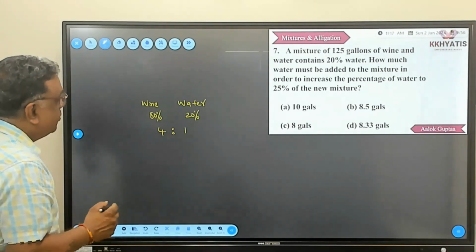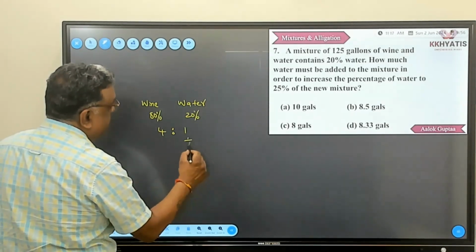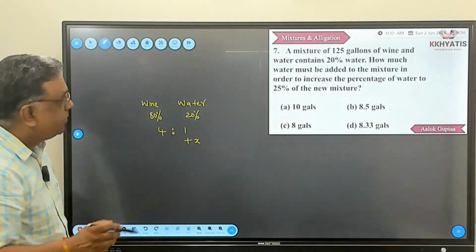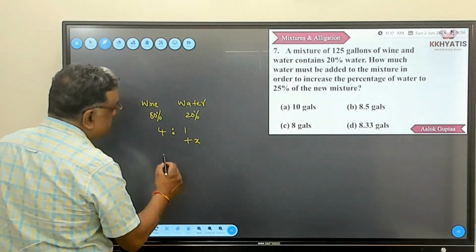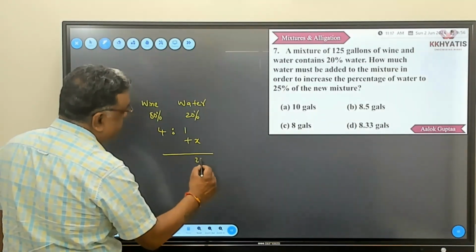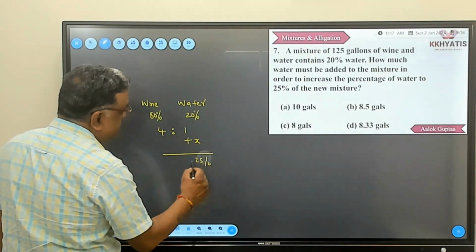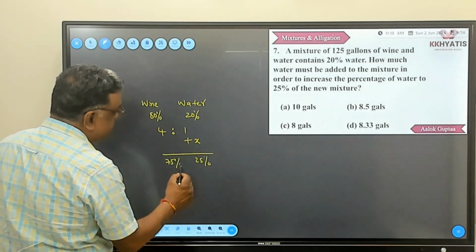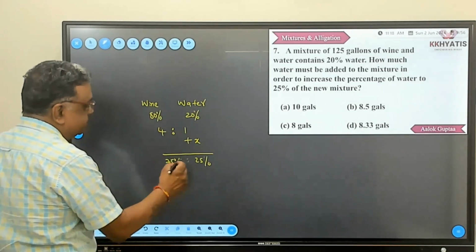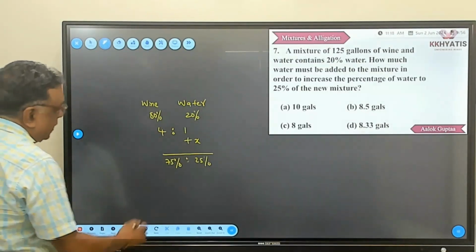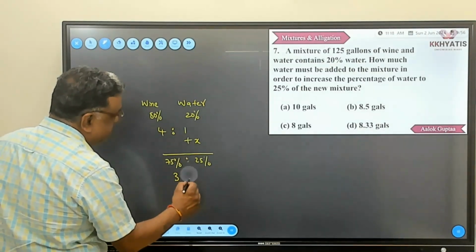Now I have to add water in it, which is not known. We have to find that out. So that the resultant mixture contains 25% of water, which means the wine would be 75% in that case, right? Which means the ratio would be 3:1.